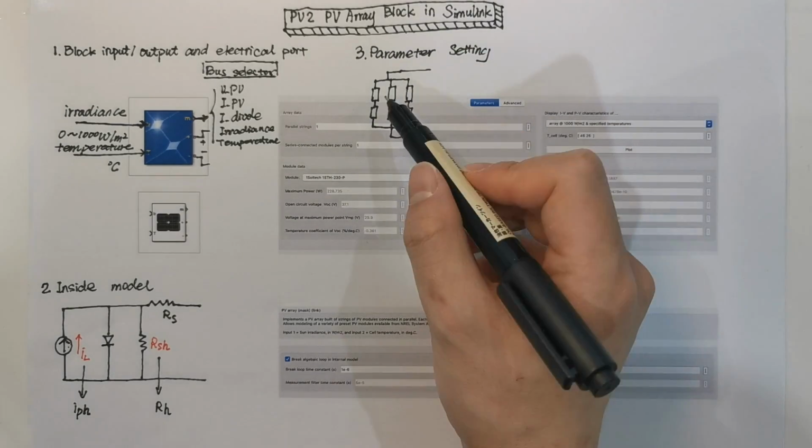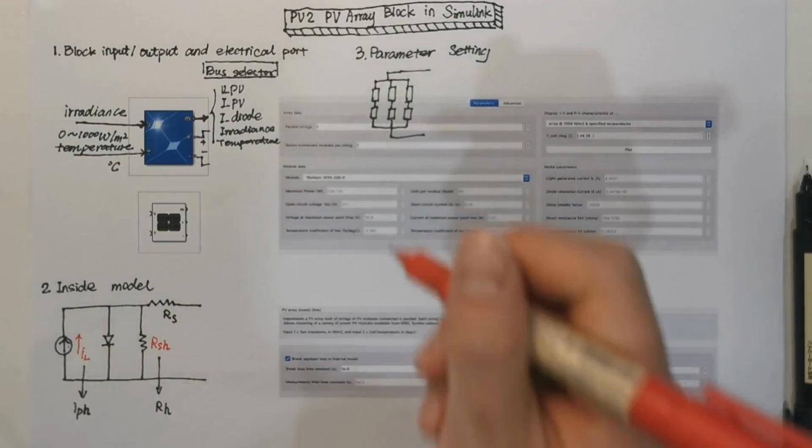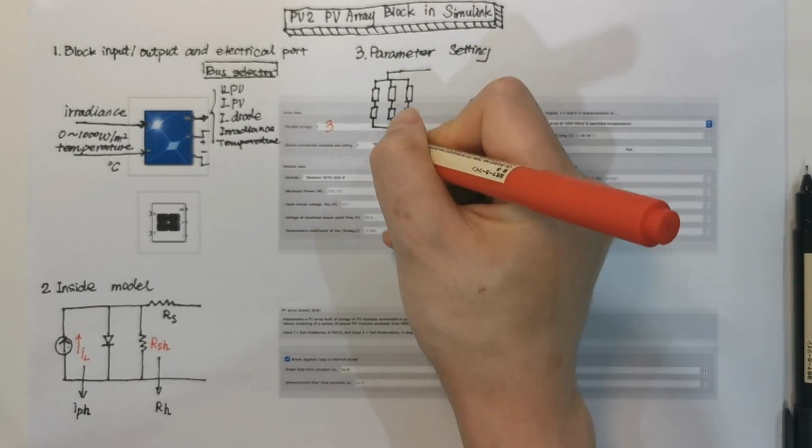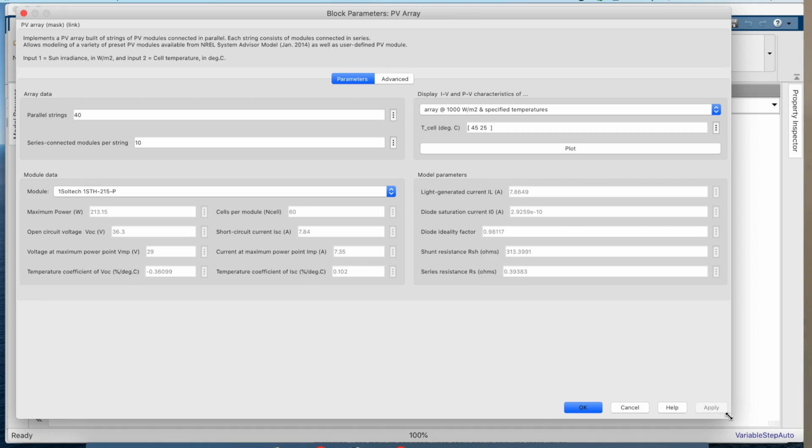The numbers we should put in here are 3 and 2. But if we are going to simulate 1 PV panel, we should put 1 and 1 here. It means both the parallel strings and the series modules per string are 1. Then this block can mimic 1 PV panel.